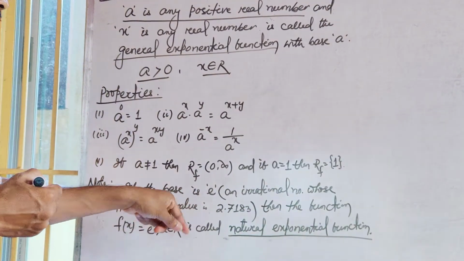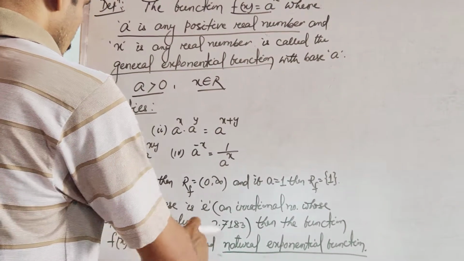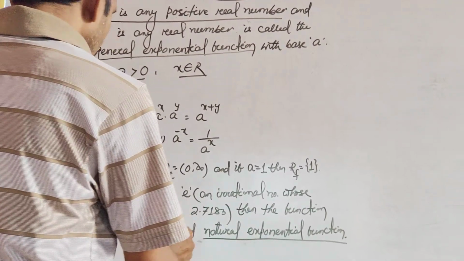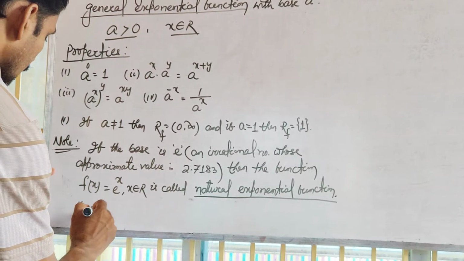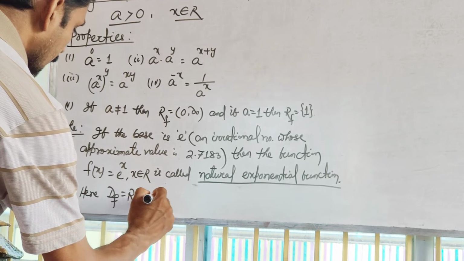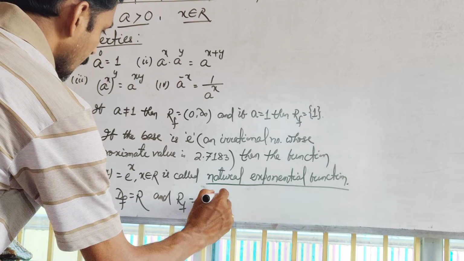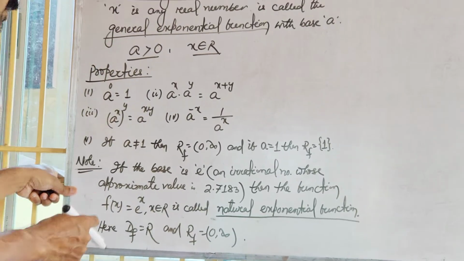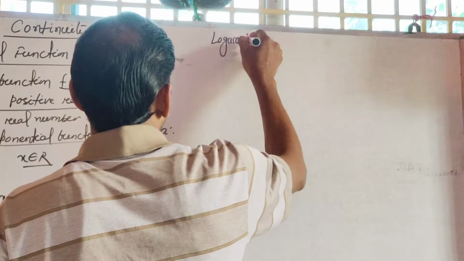And e is an irrational number. Here also you can say that the domain of f is R, and the range of f is always 0 to infinity. Clear?